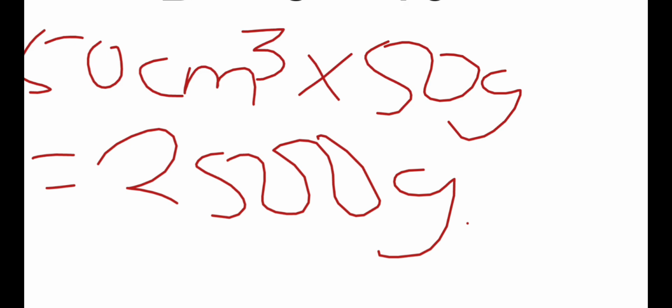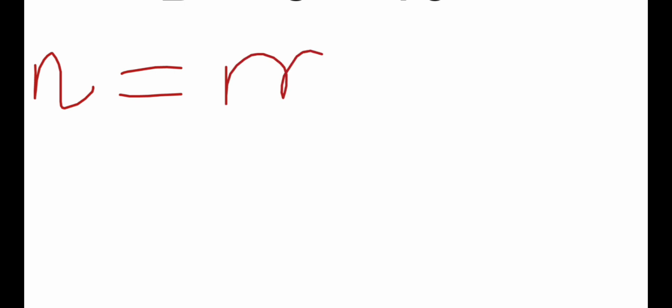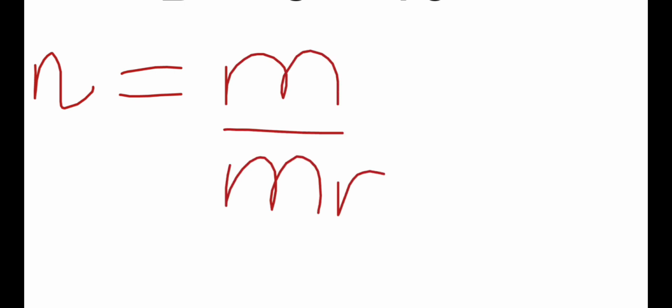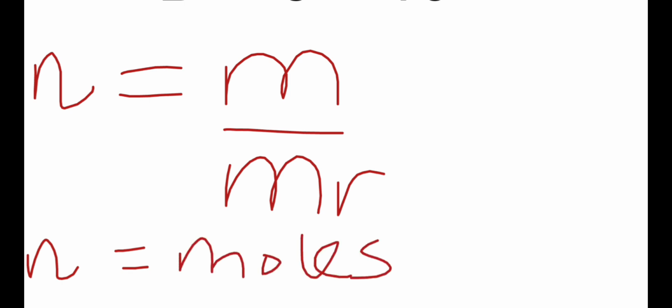Okay, now from chemistry, we know that the number of moles, this is very important to know, is equal to mass over Mr. But the number of particles is equal to moles times the Avogadro's constant, 6.02.